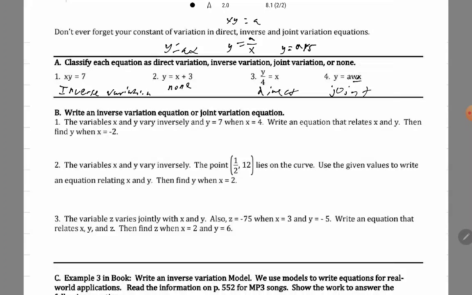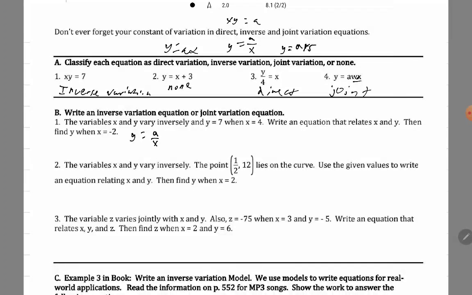Okay, part B. Write an inverse variation equation or joint variation equation. x and y vary inversely, and y equals 7 when x equals 4. Write an equation that relates x and y. So I can say y equals a over x.